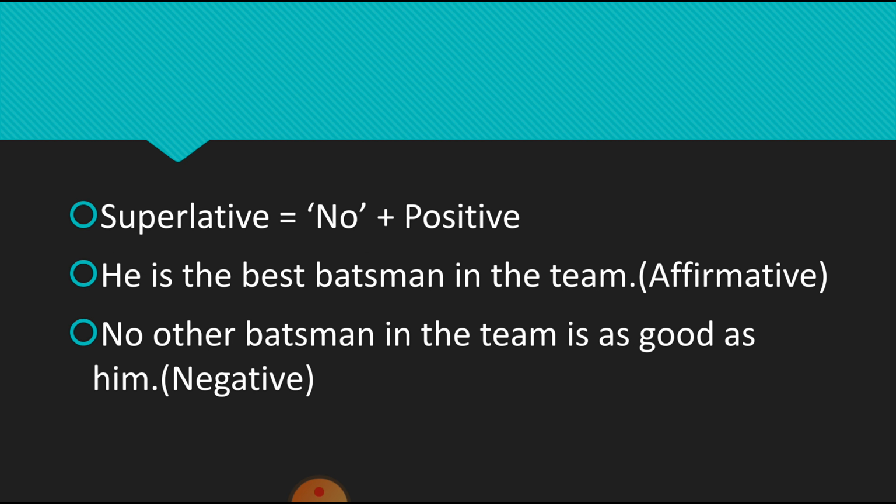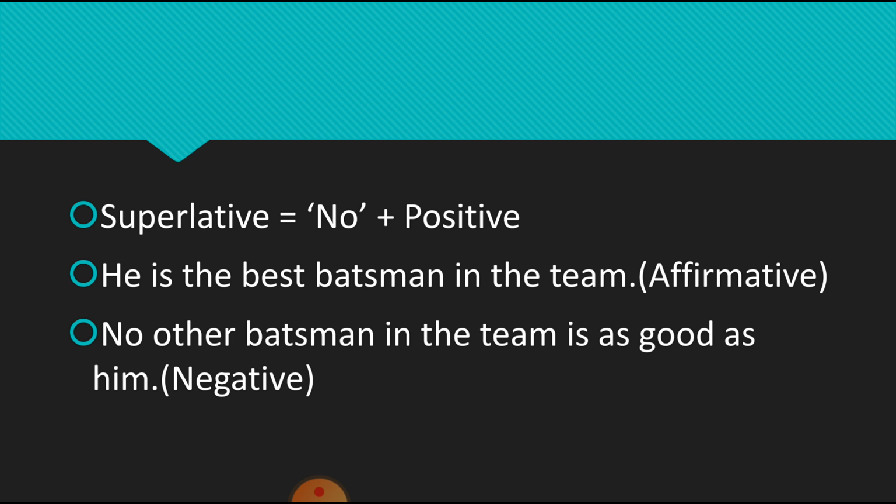The third one is superlative degree. When the sentence is in a superlative degree form, that is in affirmative, we have to add no plus positive. We have to make it in this form. Let us see in the example. He is the best batsman in the team. No other batsman in the team is as good as him.